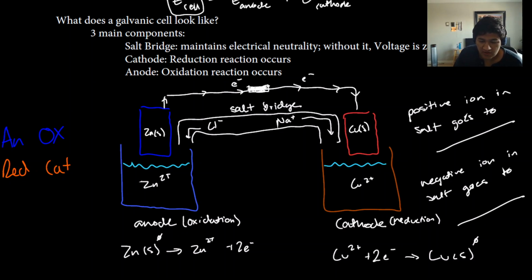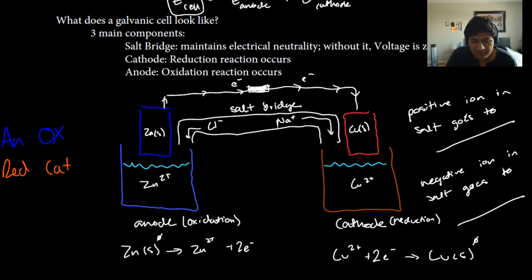So first let's talk about salt bridge. Why is that important? Well, salt bridge, it maintains electrical neutrality, and so without it, there's an imbalance in charge, and what happens is there's not equal transferal of electrons, and voltage actually drops to 0.